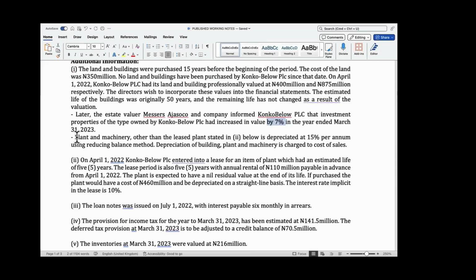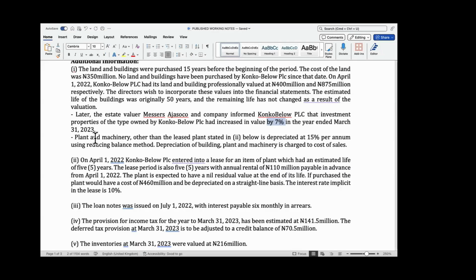Thirdly, it said plant and machinery other than leased plant stated in 2 below is depreciated at 15% per annum using the reducing balance method. Depreciation of building, plant and machinery is charged to cost of service. This is quite straightforward.